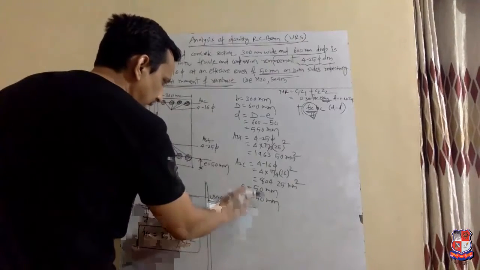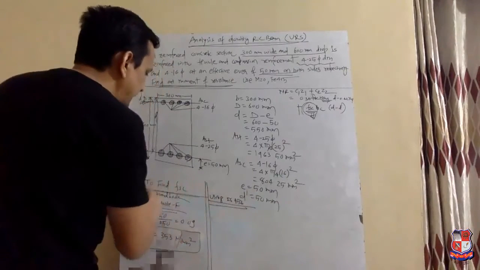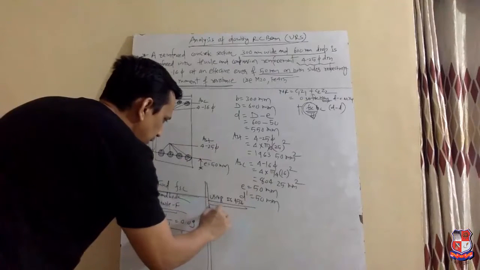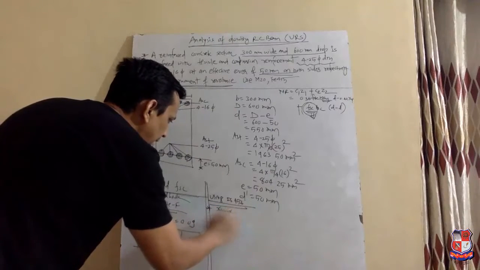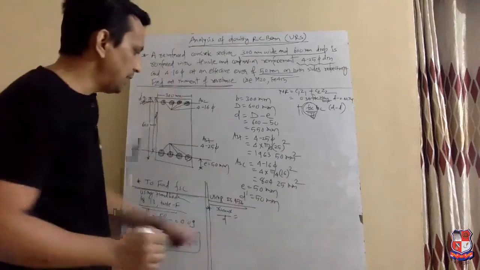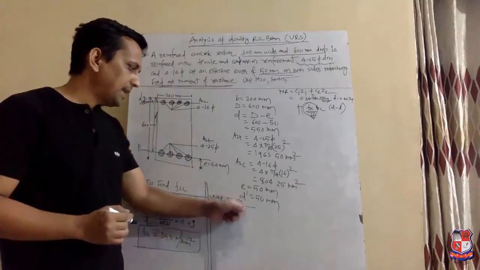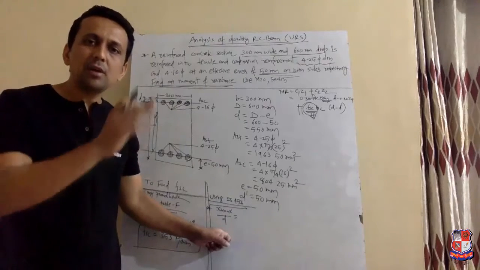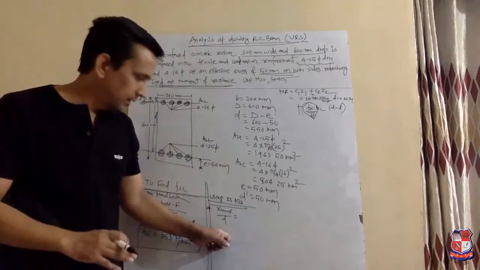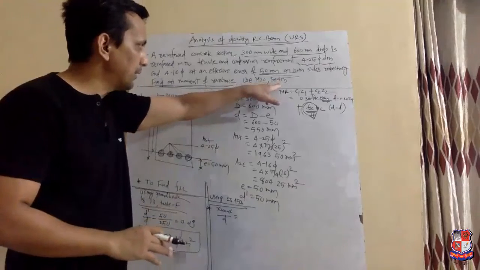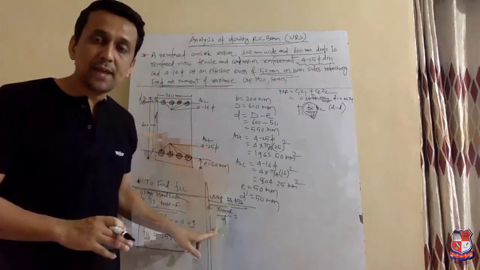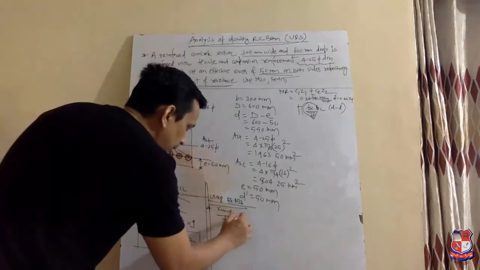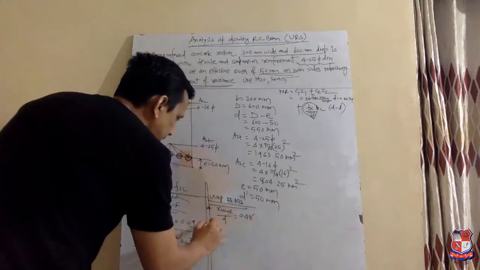Now we are going to find the value of fsc using IS 456. For using IS 456 to find fsc, first of all, you need to find xu max. And we know that in IS 456 page number 70, the value of xu max by d is given. For Fe 415 grade, the value of xu max by d will be 0.48.